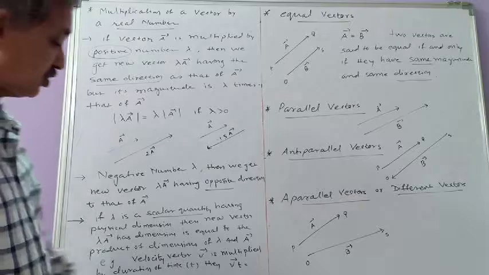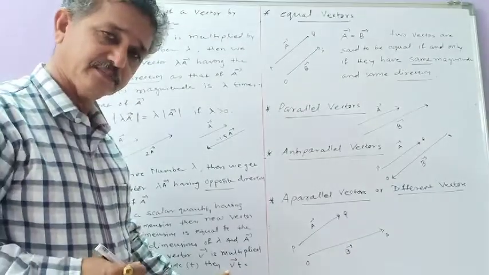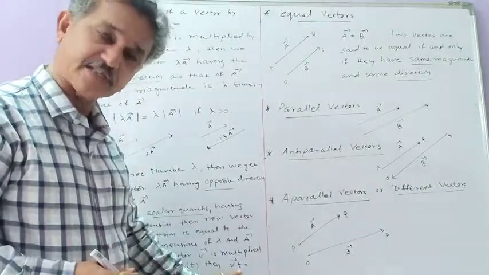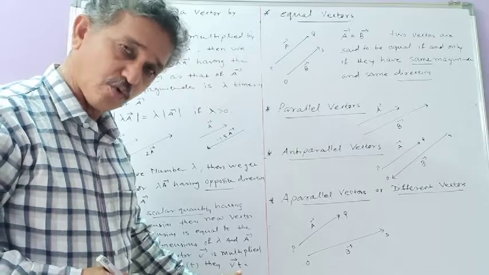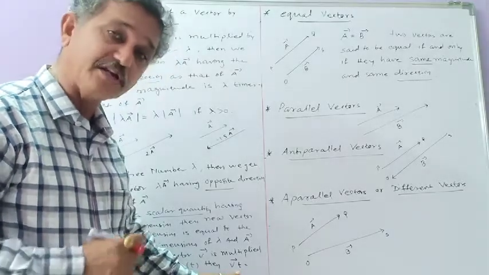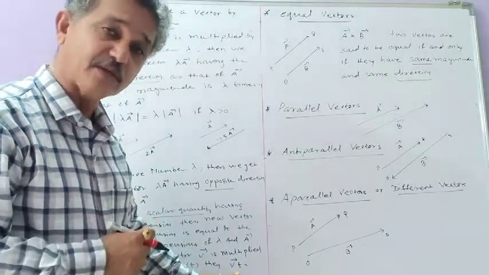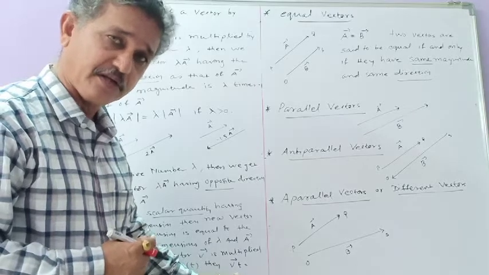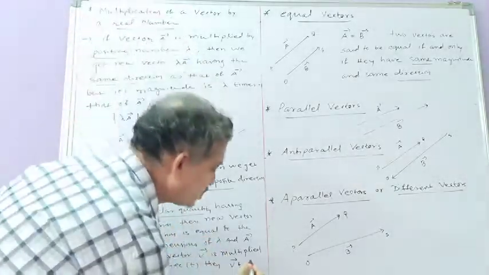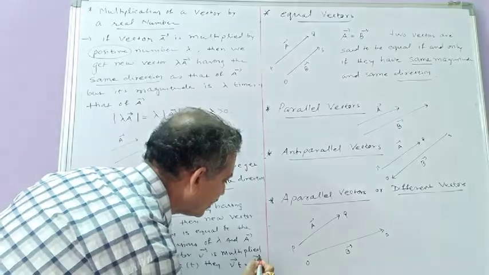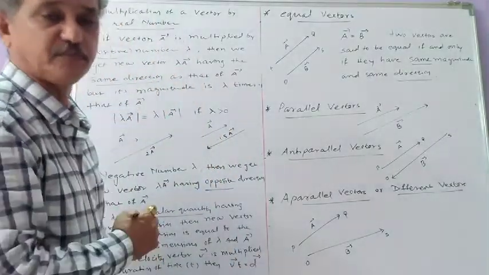Now what is the dimension of velocity? Meter per second. Dimension of time is second, the seconds cancel. So you will get the dimension of vector Vt is meter, and the dimension meter is only for displacement. So vector Vt is equal to the displacement vector.